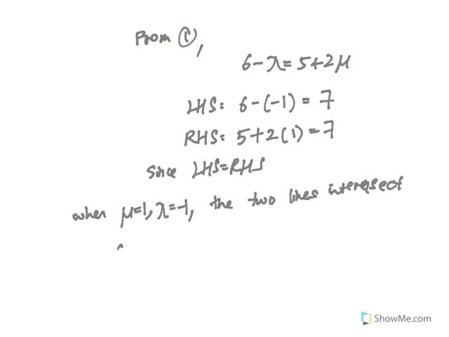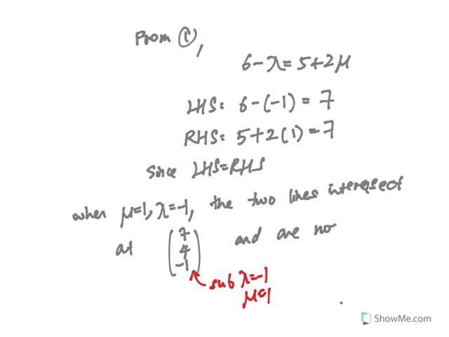To get that, you just sub lambda equals negative 1 or mu equals 1 into either of the two equations. Since they intersect, they are not skew lines.